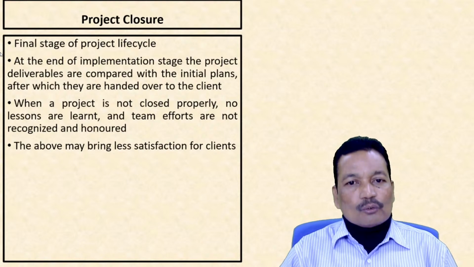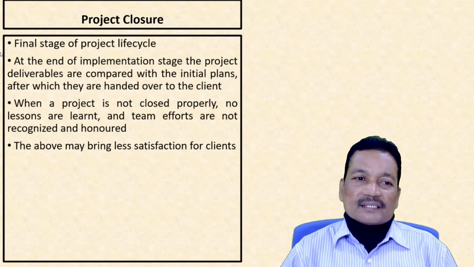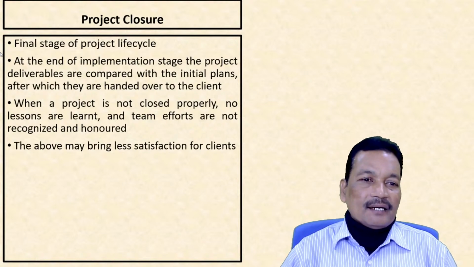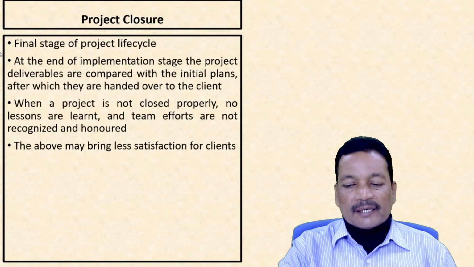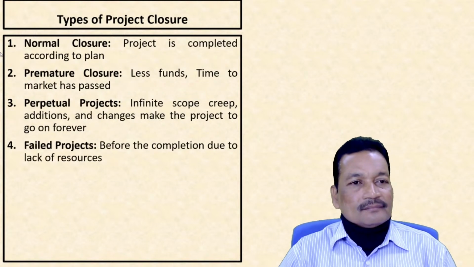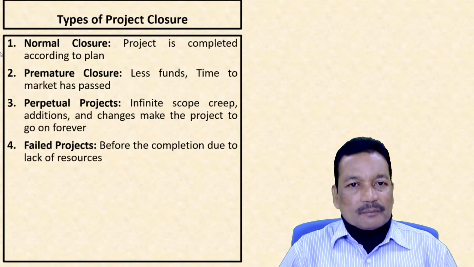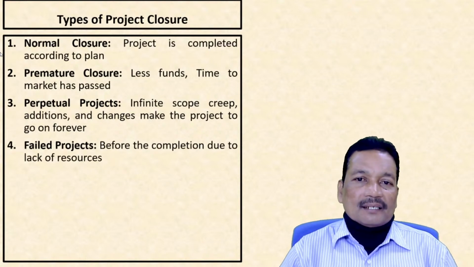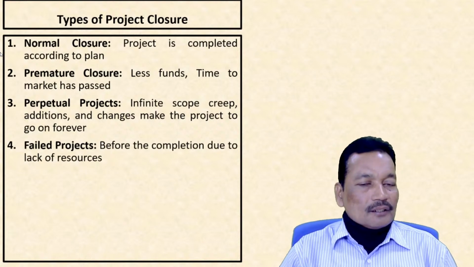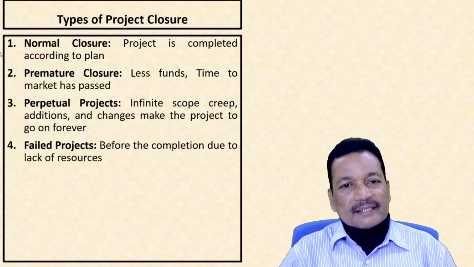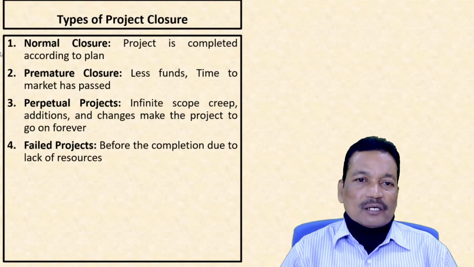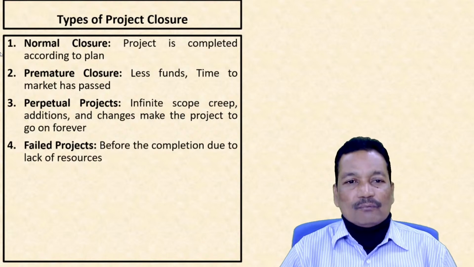When it is not closed properly, no lessons are learnt and team efforts are not recognized and honored, which will bring less satisfaction for clients. The different types of closure may be normal, that means project is completed, premature. Sometimes projects will be completed before achieving its actual objectives due to lack of funds.